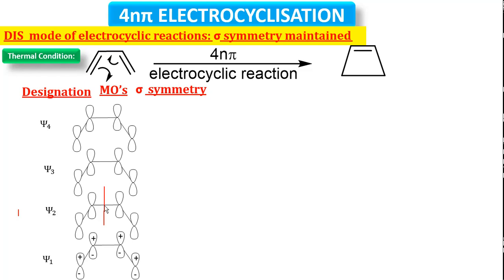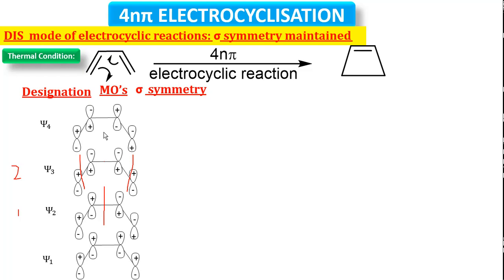Here no node, therefore plus only; here a node is there, so minus comes; here also no node, therefore minus. Psi3 has 2 nodes. The 2 nodes come like this, because 2 is even, so no center node is present. Here we get plus, no node so minus, minus, and after the node we get plus. For psi4, plus and minus come alternately.